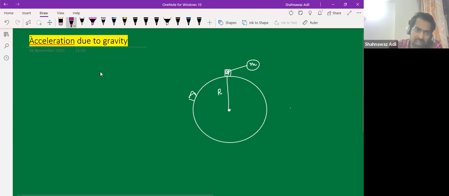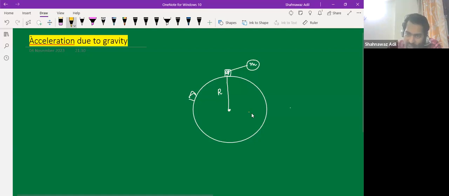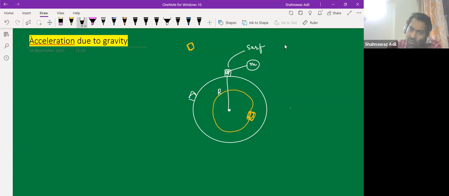So in the second case, we calculate acceleration due to gravity at this point. And the third case would be that we calculate the acceleration due to gravity at... so this is at the surface of the Earth.